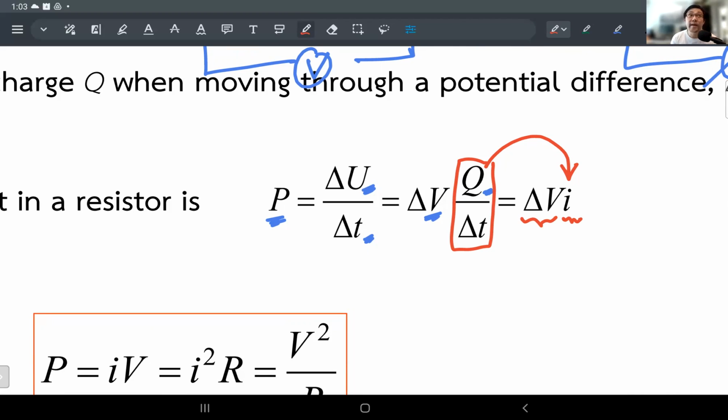However, I think when they rate your adapter, they rate the output. And of course, they have to convert from AC to DC first, because your phone or your laptop uses a direct current. That's what we are looking at at this point. So that adapter will convert the alternating current from the household into a direct current.